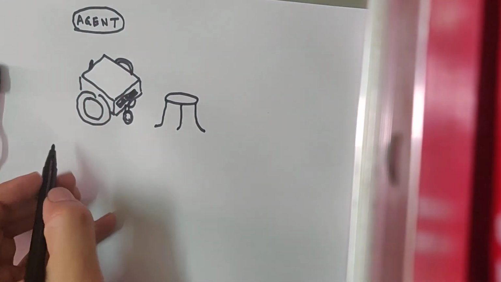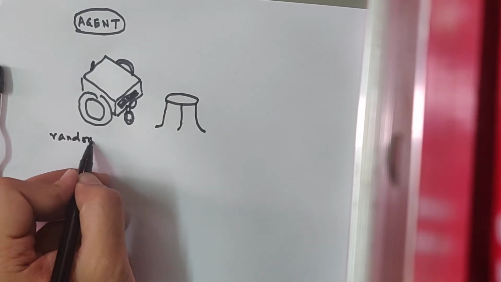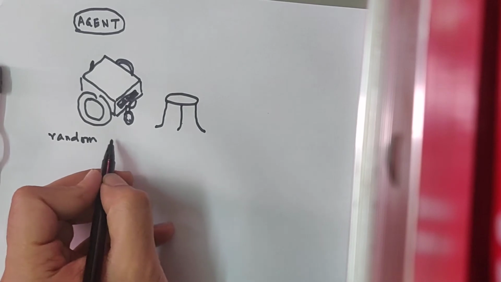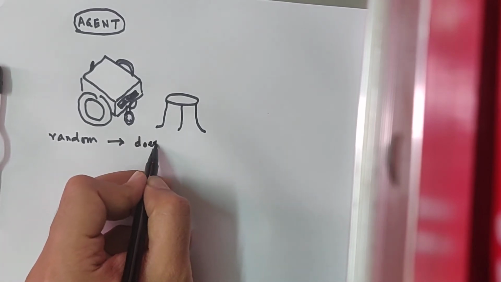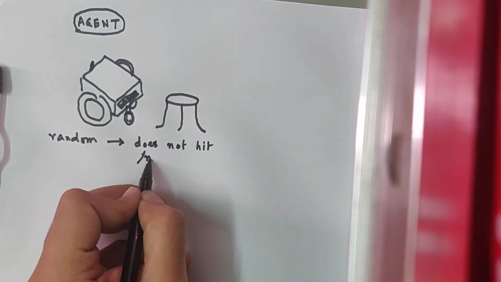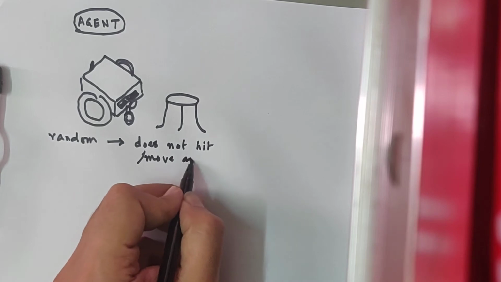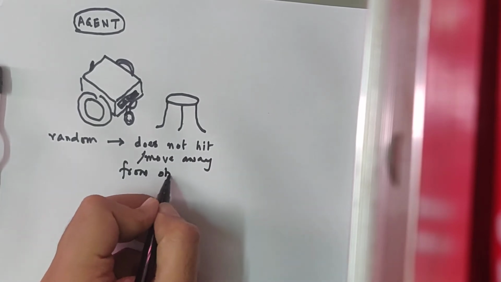Where does it move? It moves in random directions. The only thing that it does is move away from obstacles.